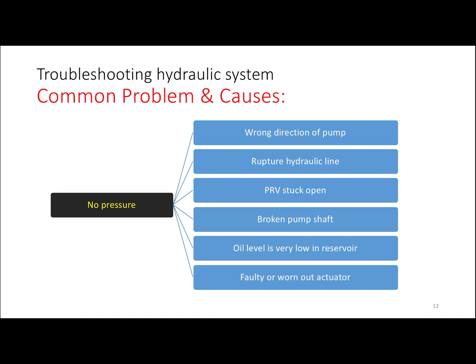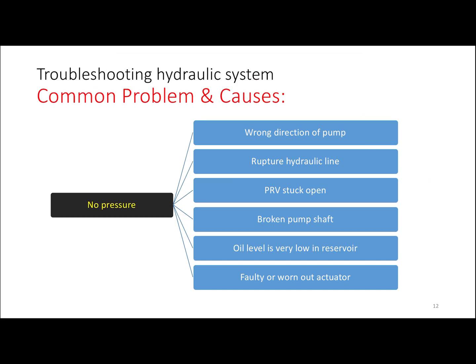Another problem is no pressure at all in the hydraulic system. First, because of wrong direction of the pump, instead of pumping it becomes vacuuming. So we have to check the installation of the line. Another cause of no pressure is rupture of the hydraulic line, meaning a hose or tube has ruptured somewhere, so you have to check the hydraulic line.